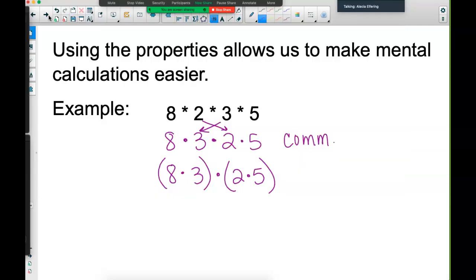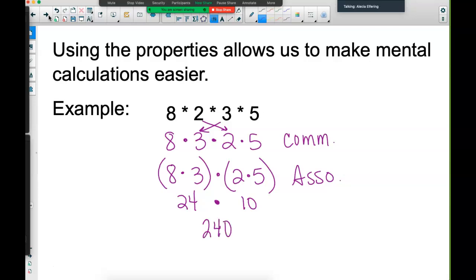So he actually grouped the numbers together using the associative property. Does everybody agree with that? And so that grouping made it easier because 2 times 5 is 10, and 8 times 3 is 24. And then when we multiply, that's really easy. 24 times 10 is just putting a 0 on the end, right?